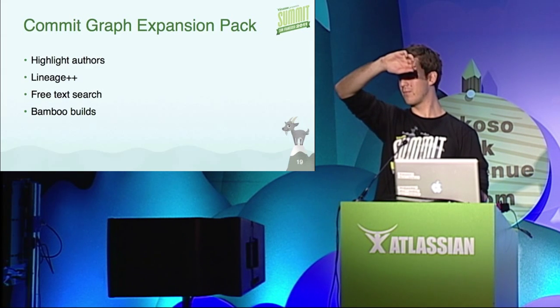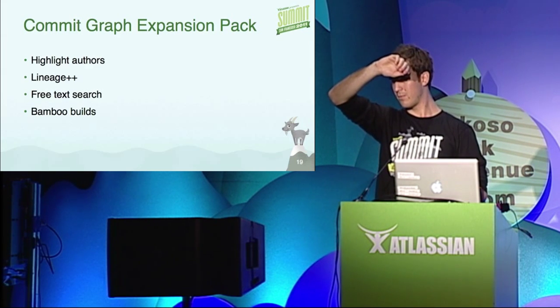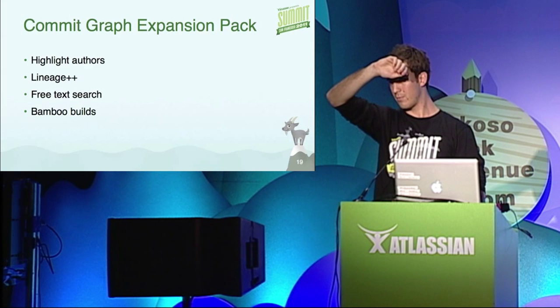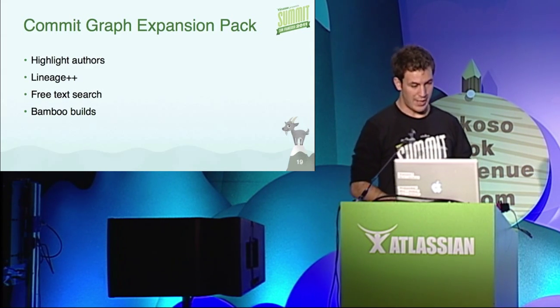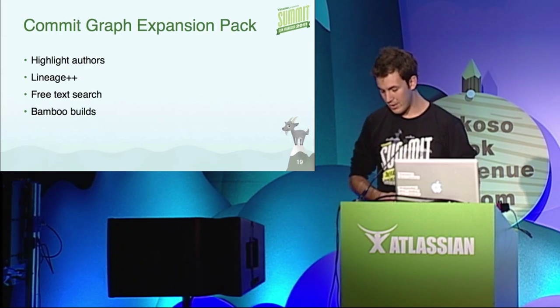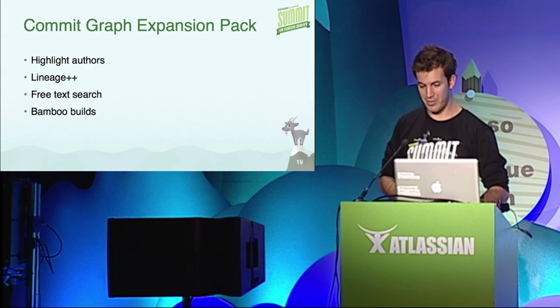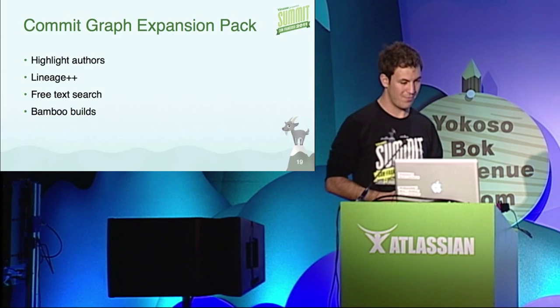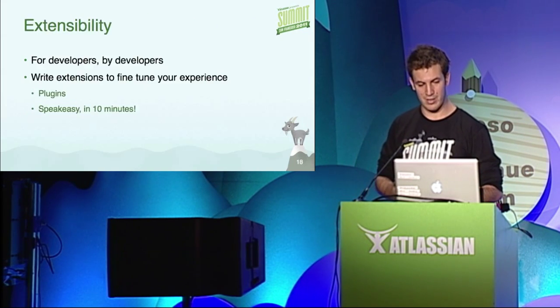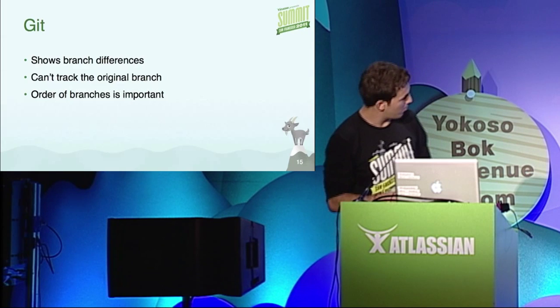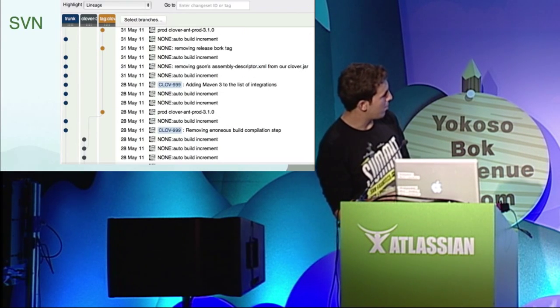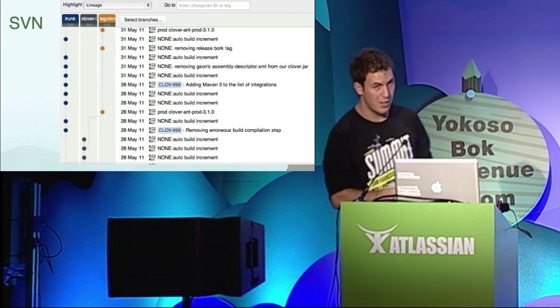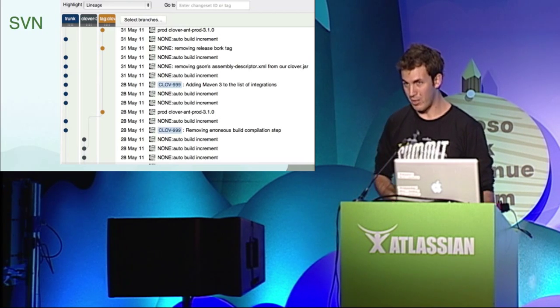Yeah. Have you thought of extending the commit graph interface for initiating merges and branches? Yeah, so currently, FishEye is a read-only application. So what he's asking is that if I've got a repository here and I want to merge this commit into my trunk, why can't we really just help you do that?